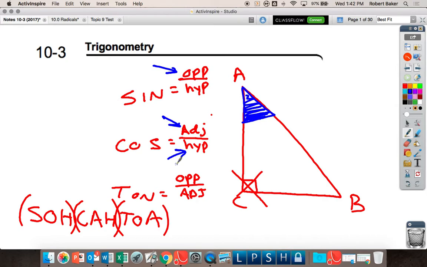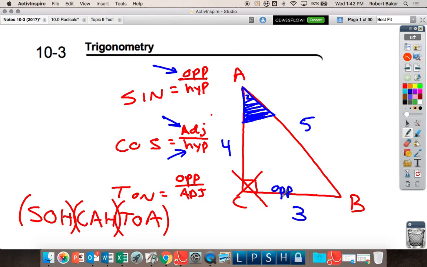So, what side is opposite of A? This is the opposite side from A.